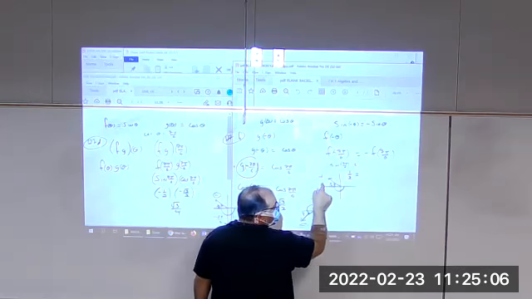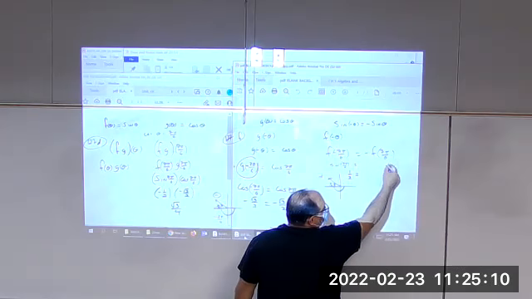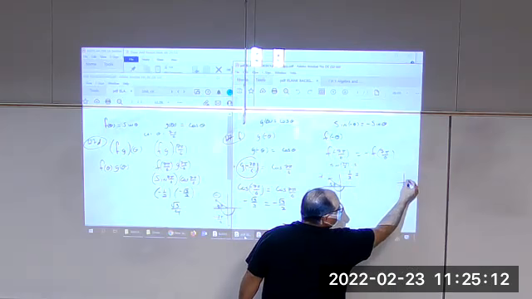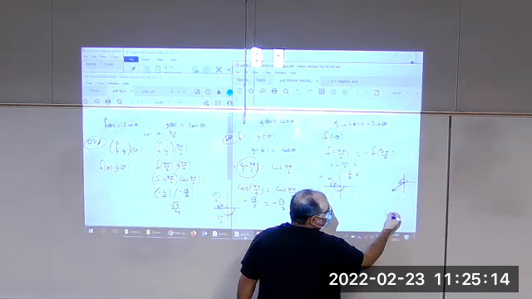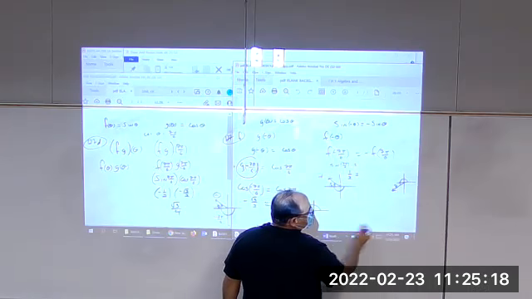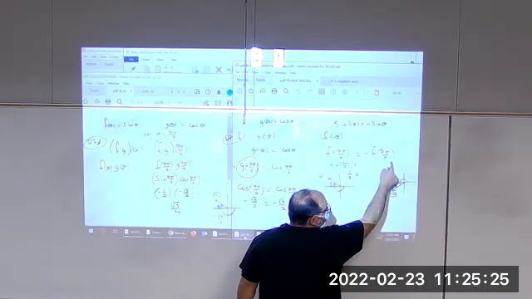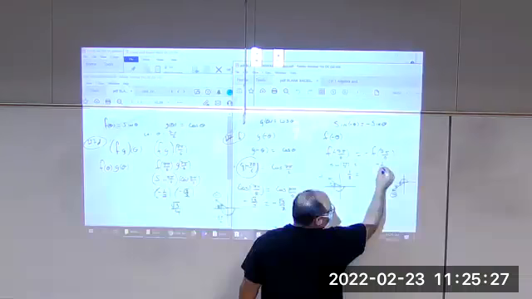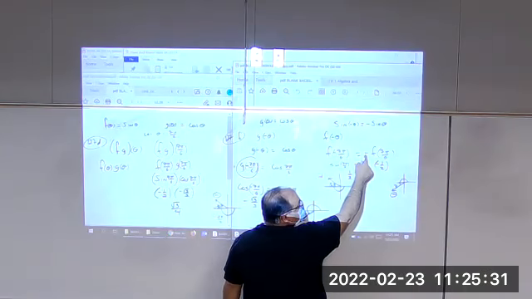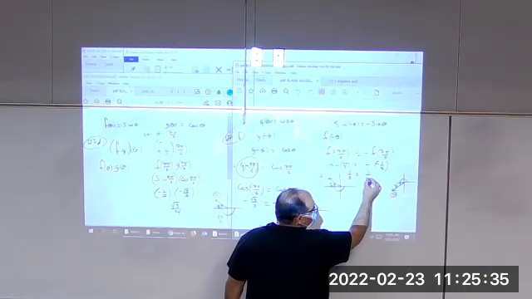This terminates in quadrant 3 again. The reference angle is still pi over 6. Because you're in quadrant 3, sine is negative, so this would be equal to negative 1/2. And there's an opposite in front of it. A negative times a negative makes that a positive 1/2.